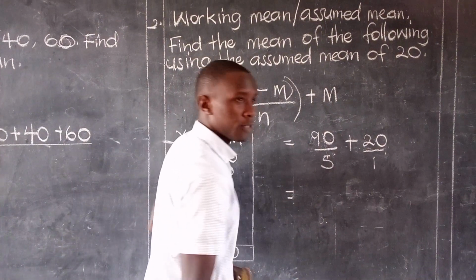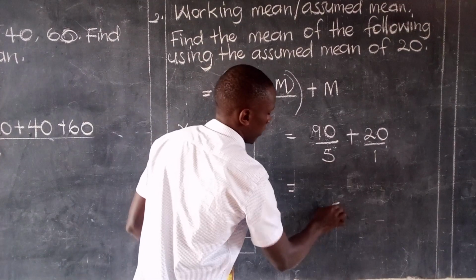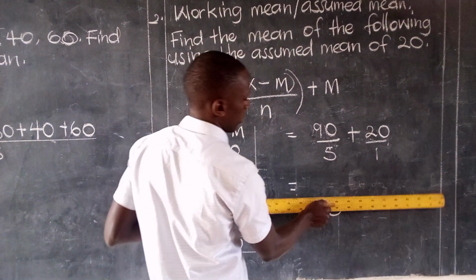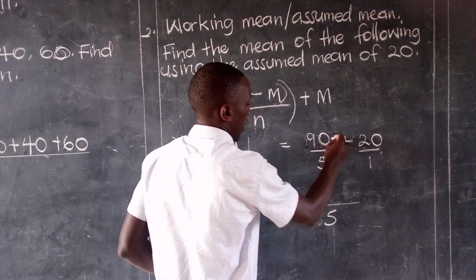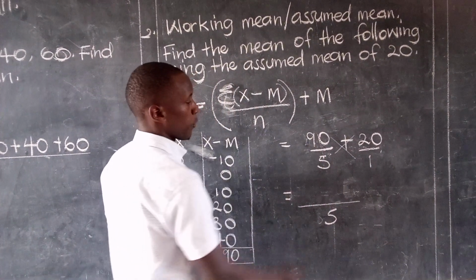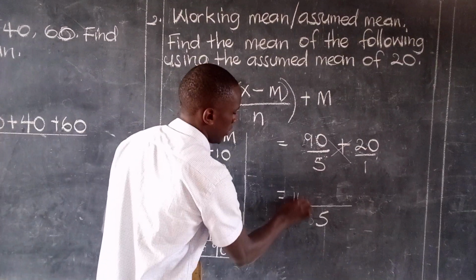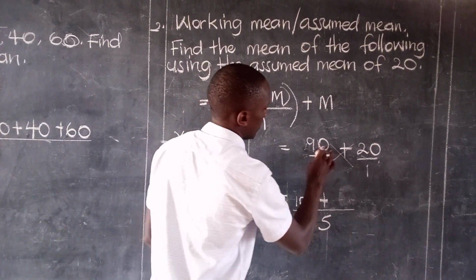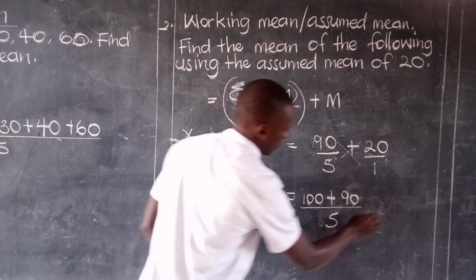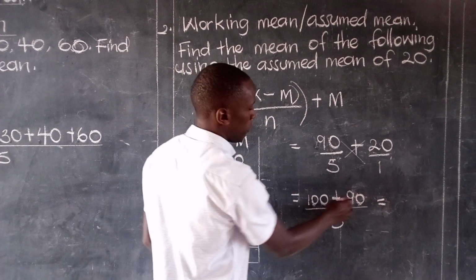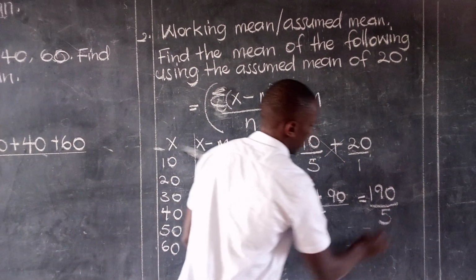To make it very simple, we just multiply the denominators: 5 times 1 gets 5. And for the numerators, you multiply 5 times 20, you get 100, plus 90 times 1, you get 90. So 100 plus 90, you get 190 divided by 5.